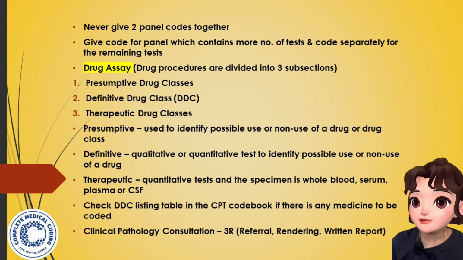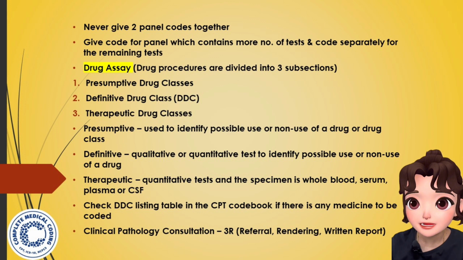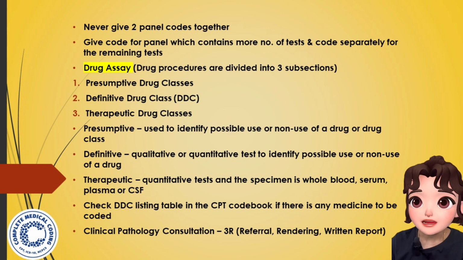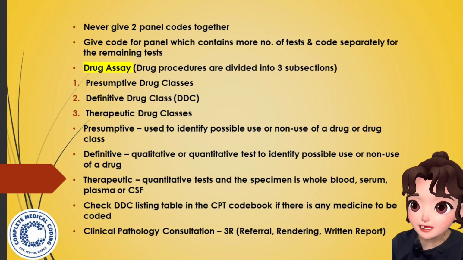Presumptive drug class are used to identify possible use or non-use of a drug or drug class. In definitive drug class, we'll do the qualitative or quantitative test in order to identify possible use or non-use of a drug. But in therapeutic, only quantitative tests are performed. Okay, and the specimen is whole blood, serum, plasma, or CSF. What is CSF? Cerebrospinal fluid.